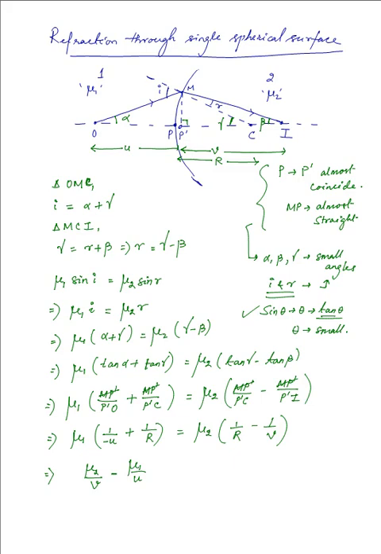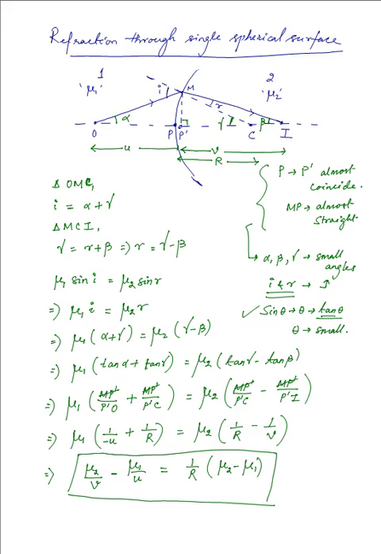So mu2 over v minus mu1 over u is now equal to, well, mu2 over r stays as such, and mu1 over r goes to the other side and becomes negative. So we can take 1 over r as the common factor, and we have mu2 minus mu1. So that's 1 over r times mu2 minus mu1. So this is the general condition for the refraction through a single spherical surface separating a pair of media.